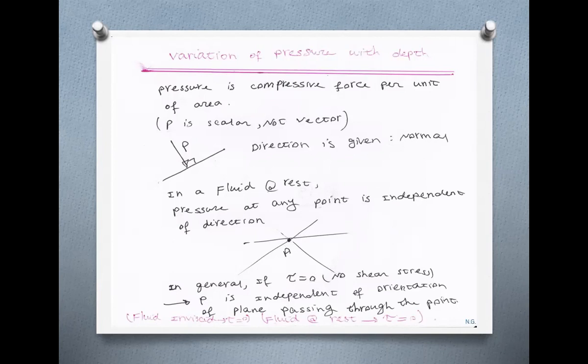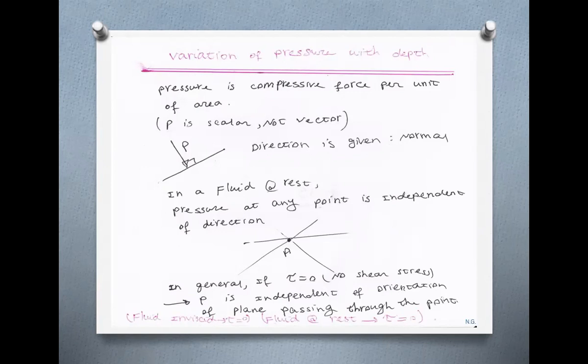Now the next question is, now I have an understanding of what pressure means at a given point, right? You are looking at that point from different directions and pass through a surface from that point, and then consider the normal compressive force at that point on that surface. And that is the pressure at that point when you are looking at it from that specific direction.